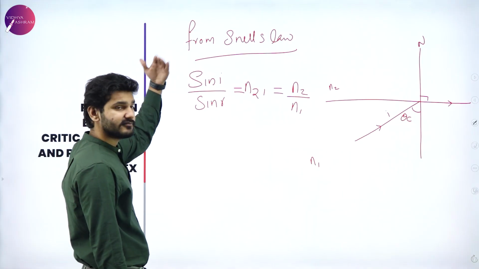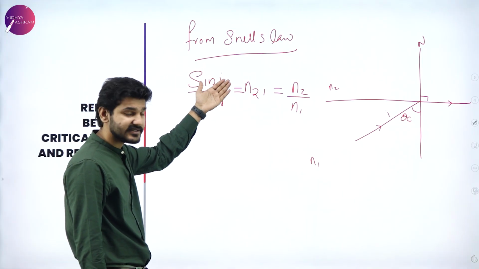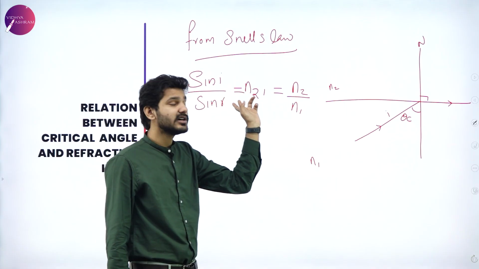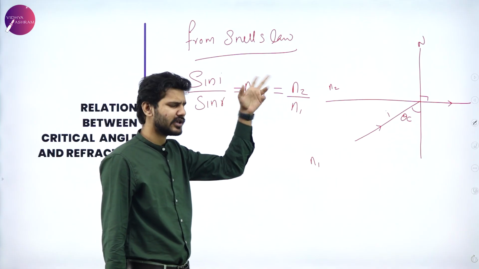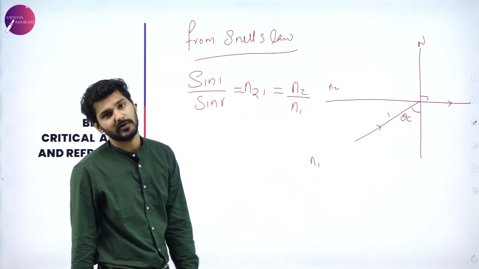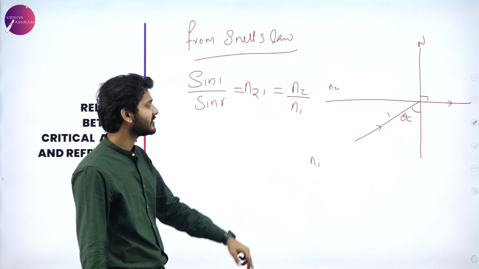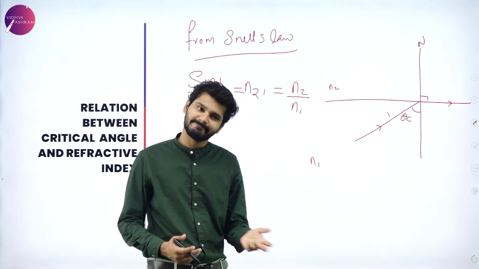The ratio of the sine of the angle of incidence to the sine of the angle of refraction is equal to the relative refractive index, which can also be written as N2 by N1, where N is the refractive index of the material, and 1 and 2 are the respective material mediums.